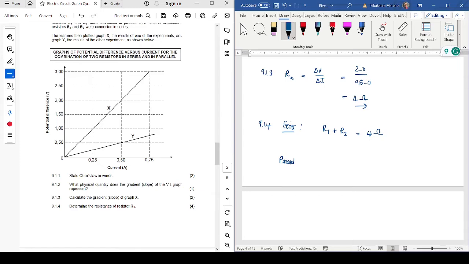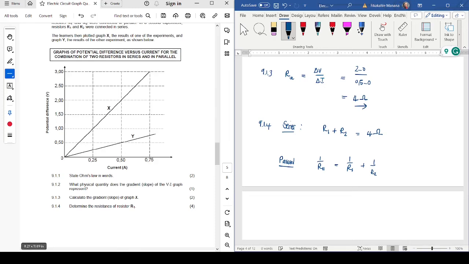remember we have 1 over our parallel connection, which is equal to 1 over R1 plus 1 over R2, and we can actually go and calculate the resistance here, which would be the one in parallel.